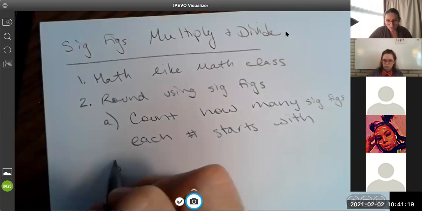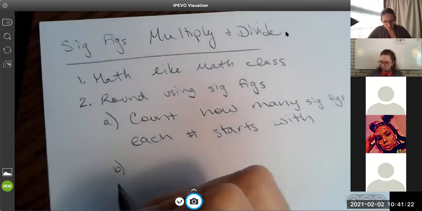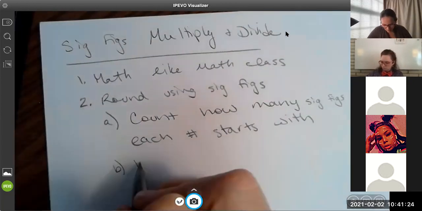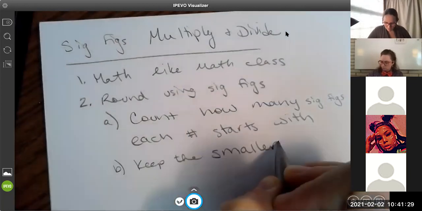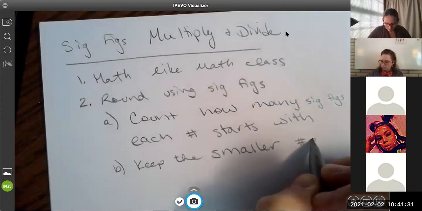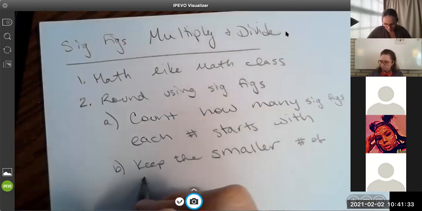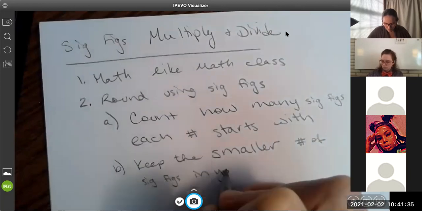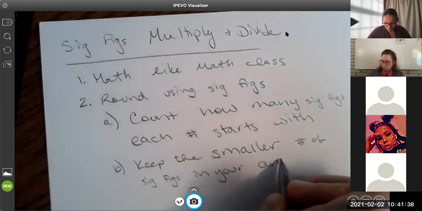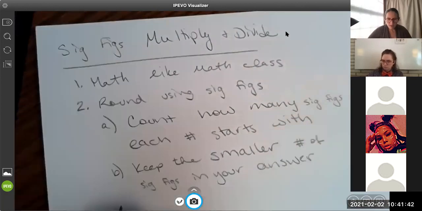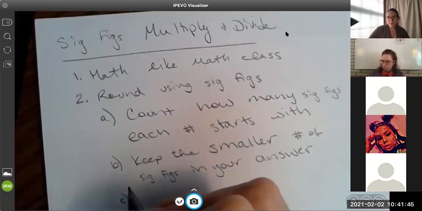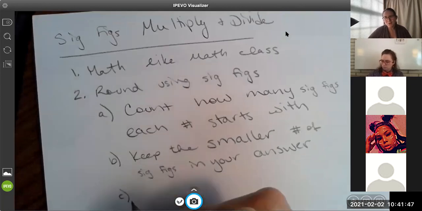Keep the smaller number of Sig Figs in your answer. Keep the biggest place values. Round using the biggest place value you're not going to keep.